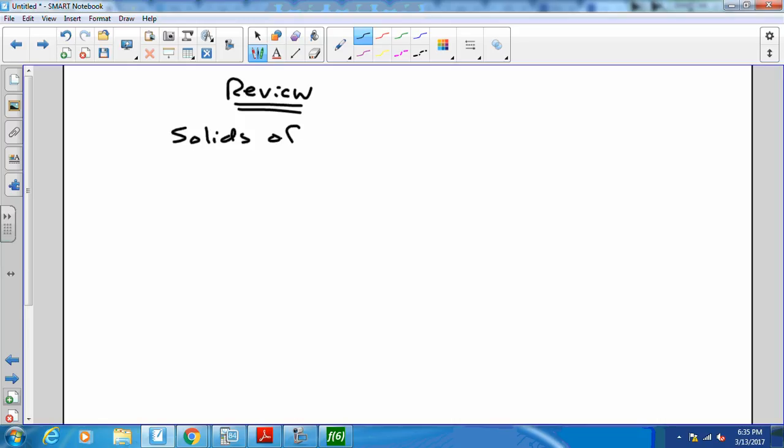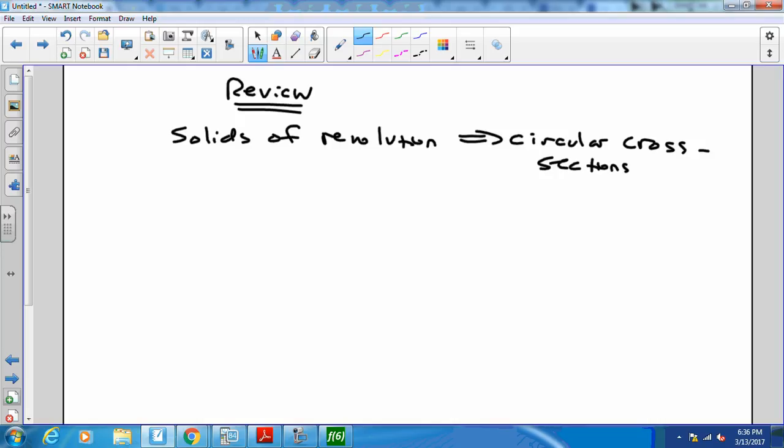So to review everything that we've done here, solids of revolution always create solids that have circular cross-sections.